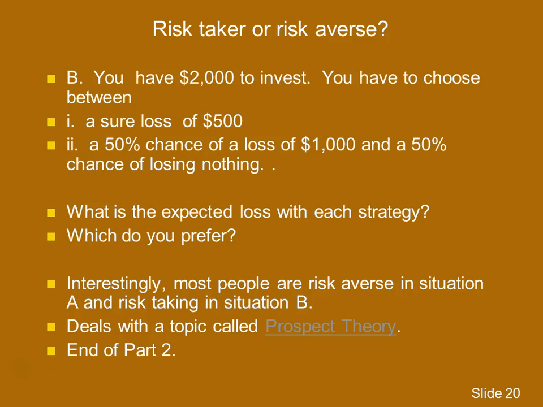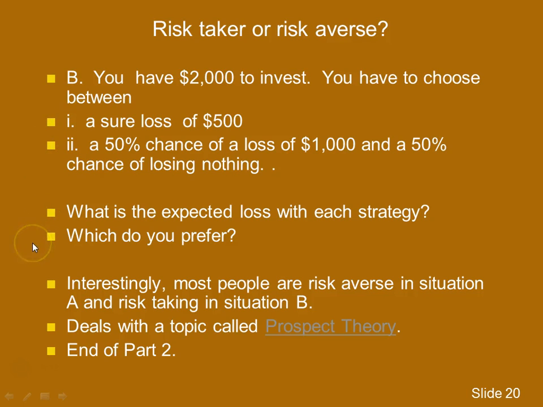Again, a little bit of mathematics, and you should be able to figure out that the expected loss with each of those two strategies is exactly the same. Option 1 is a constant. You're definitely going to lose $500, so that average loss is 500. Option 2, the coin flipping option, 50% chance of losing 1,000, 50% chance of losing nothing, averages out to a loss of 500.